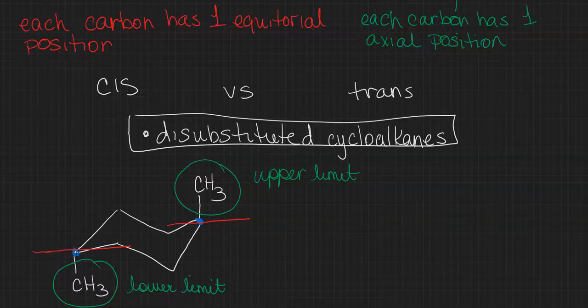Because they are opposite, one upper and one lower, this molecule, this disubstituted cycloalkane, would be considered trans because they are on opposite sides. One is upper, one is lower.